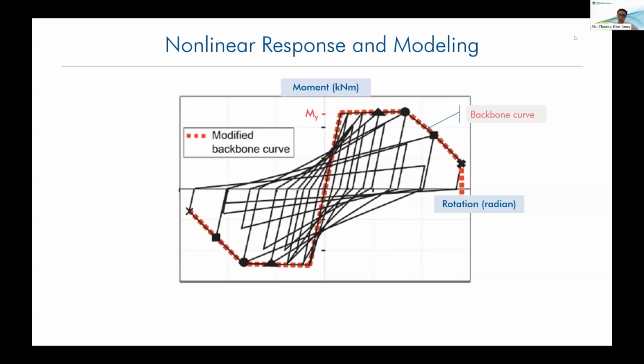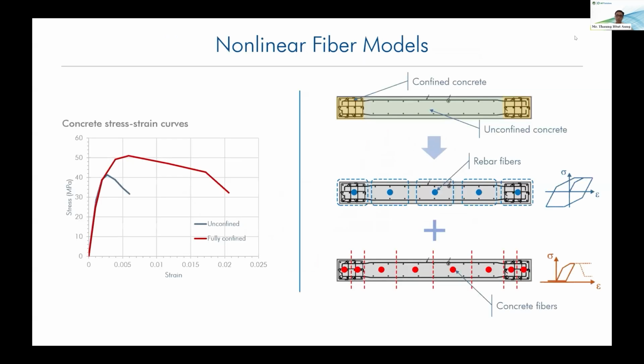But we are not familiar with the rotations and the deformation demand. What is the rotation capacity? We do not know. We cannot estimate reliably for the cyclic loading. So normally these backbone curve parameters are obtained from the cyclic loading test. So we use the ASCE 41 parameters in the nonlinear analysis.